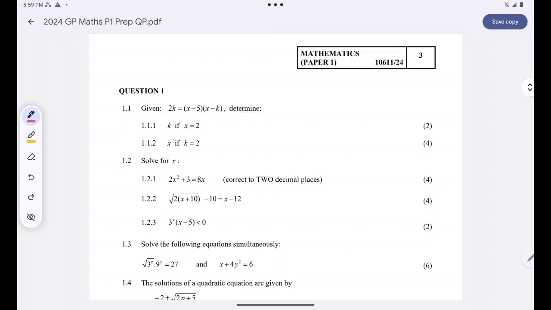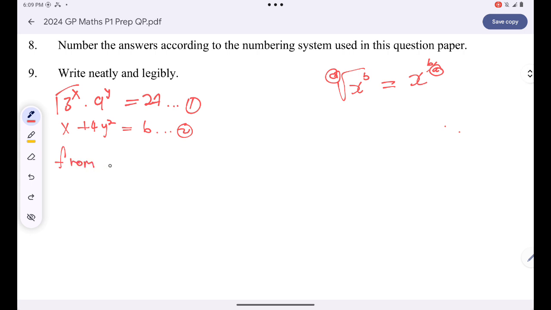So from equation 1, this can be written as 3 to the power x over 2 multiplied by 9 to the power y squared, which can be written as 3 to the power 2y. And then on the right hand side I have 27, which can be written as 3 to the power 3.